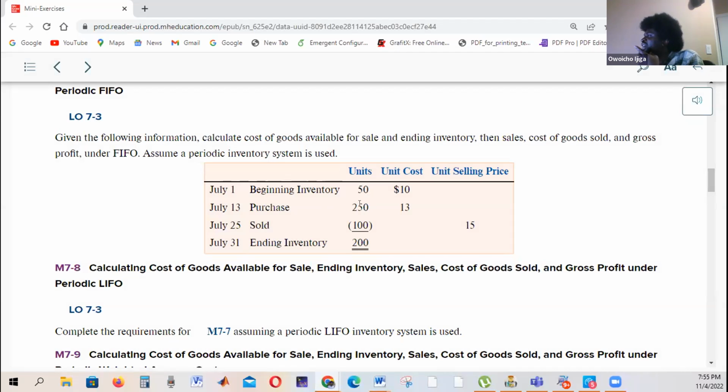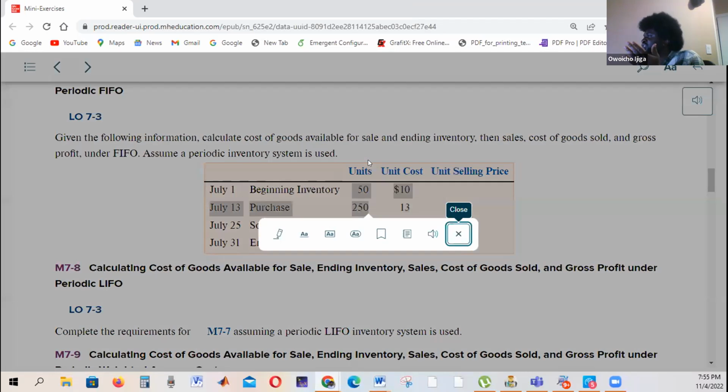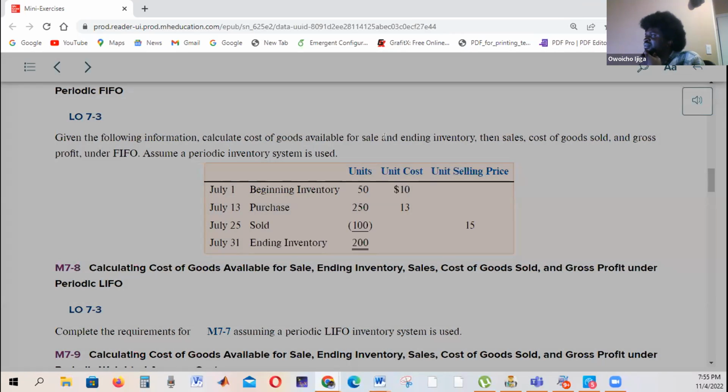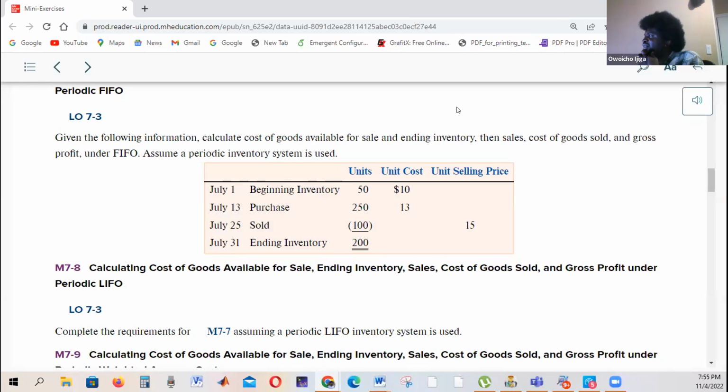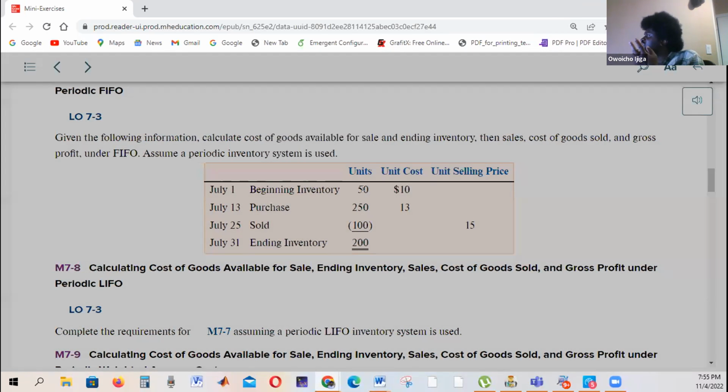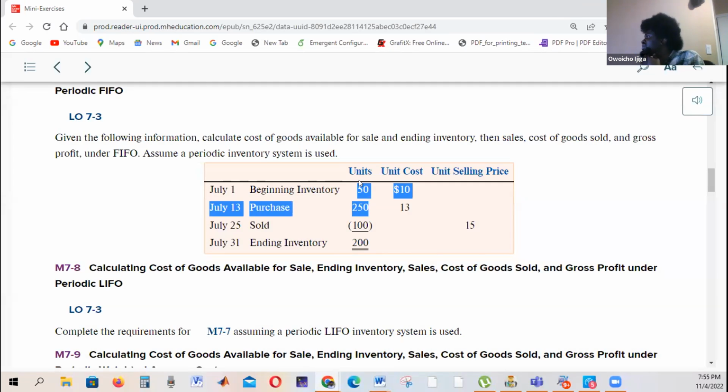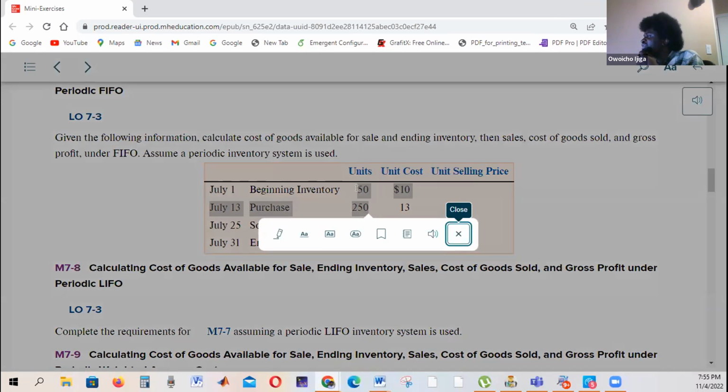And this time it cost me $13 per bottle. $13 per bottle for 250. That means in total I have the goods available for sale, which is this part, cost of goods available for sale. Now, first of all, the goods available for sale are 300 bottles of Gatorade, right?